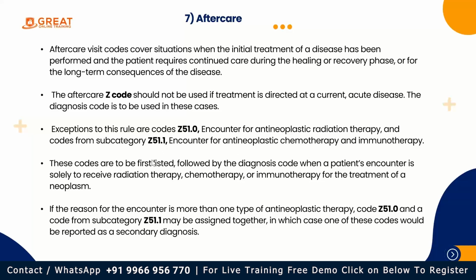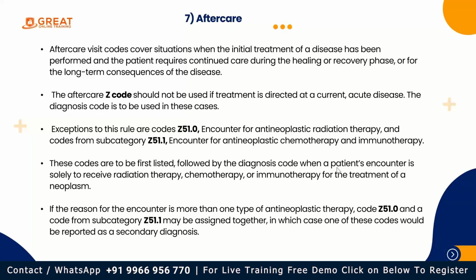The codes are to be first listed, followed by the diagnosis code, when the patient's encounter is solely to receive radiation therapy, chemotherapy, or immunotherapy for the treatment of the neoplasm. So we have to use these Z51 codes as the first listed or principal diagnosis, followed by the particular diagnosis code.